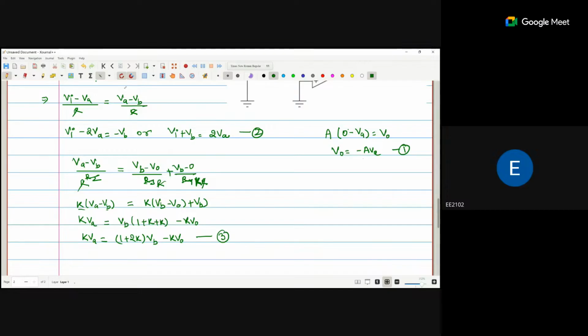Okay, so I have to eliminate VB, from equation 2 or 3.